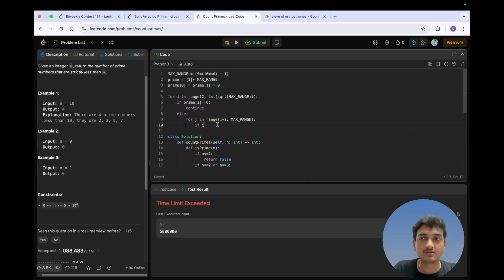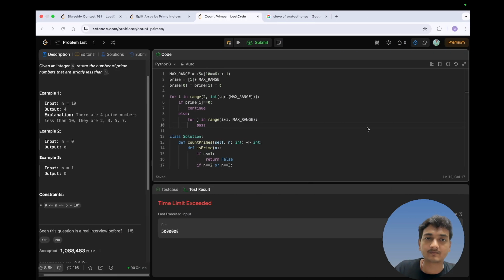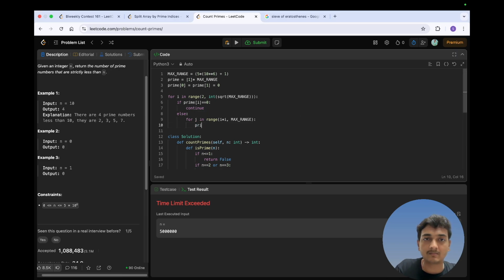Yeah, there is one silly mistake that we made. We don't have to write any if condition here. We can directly define that as 0. So let me remove this part. This should not be there. I can directly say that if I am inside this loop, that means I can divide that number. So prime of j would be equal to 0. Okay, so let me write the same here. Prime of j will be equal to 0, and that would be fine.